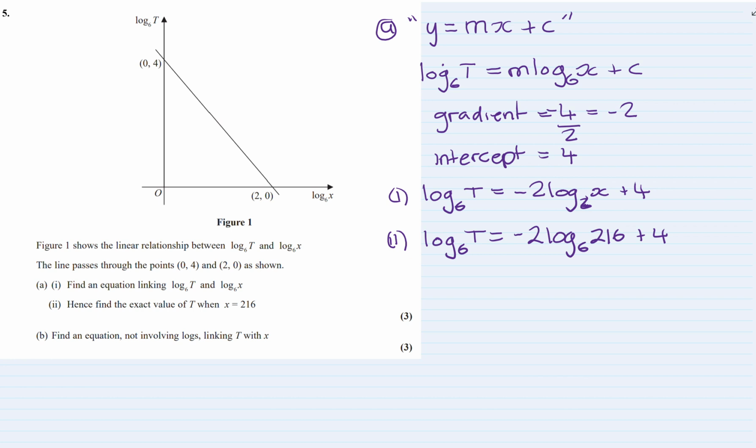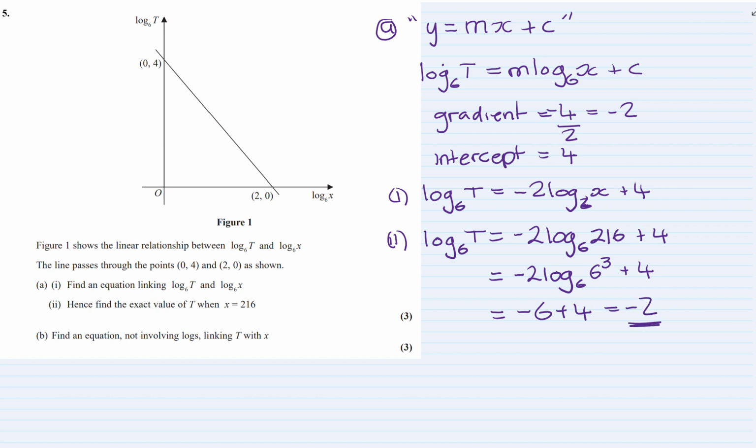That gives me log to the base 6 of 216 is going to give me 3, because 216 is 6 to the power 3, so that gives me minus 6. Let's just write that step down: minus 2 times 3 plus 4, which gives me minus 6 plus 4, which is equal to minus 2.